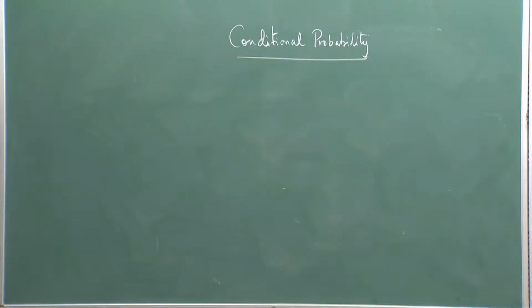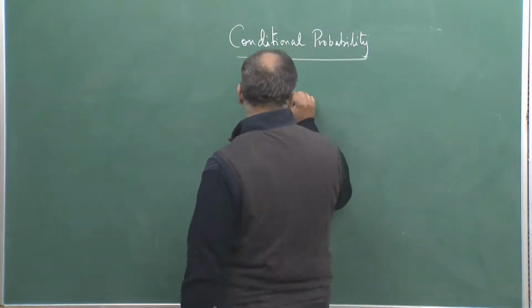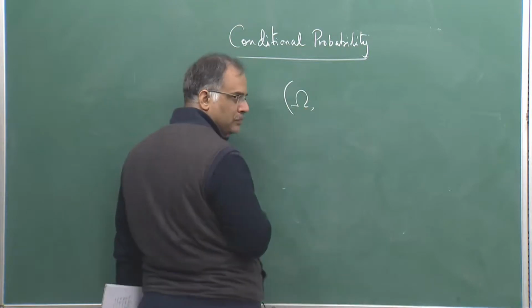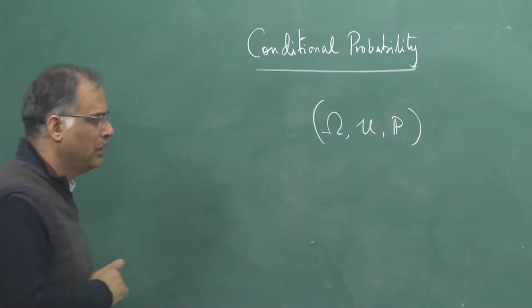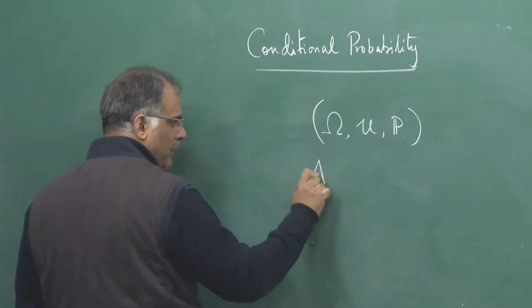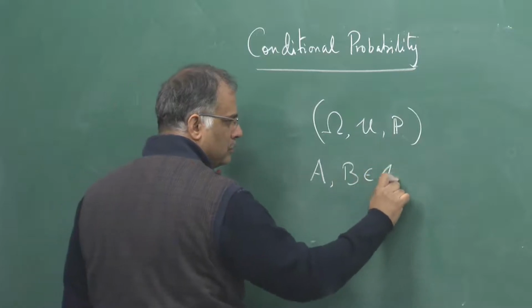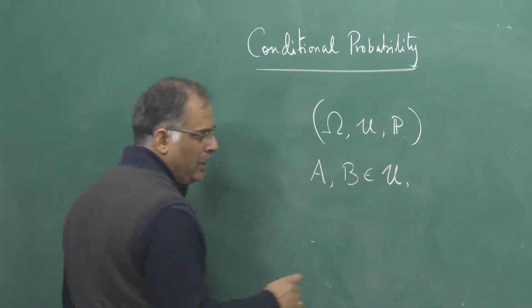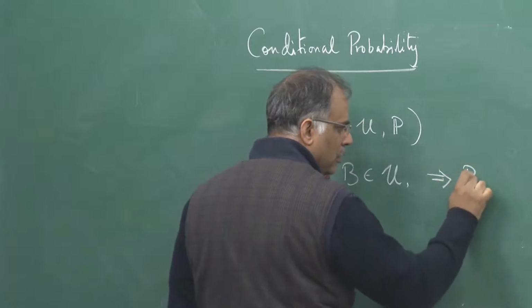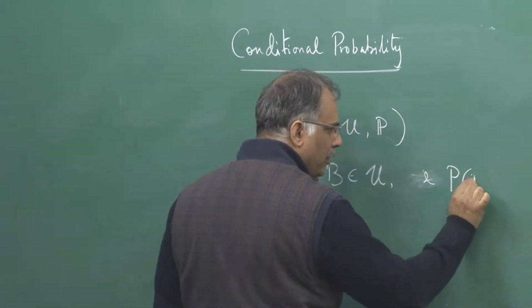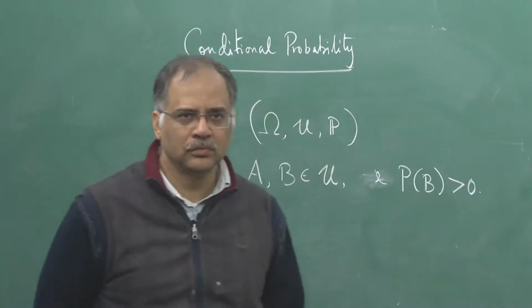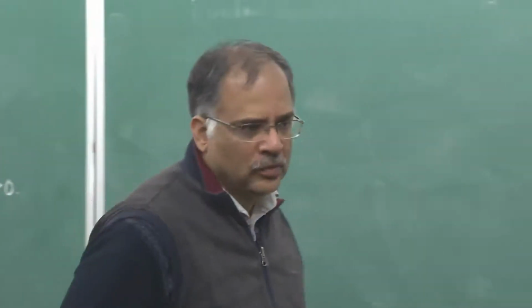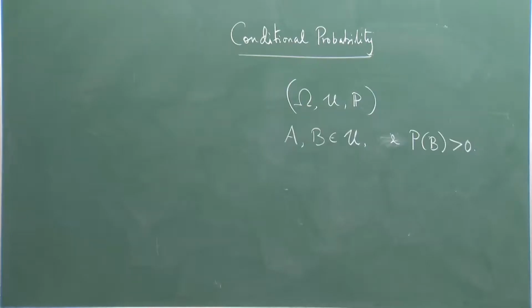Mathematically it means the following. I have a probability space and I have two events, A and B, and I also know that the probability of B is strictly greater than 0. That is, B can occur with a positive probability.